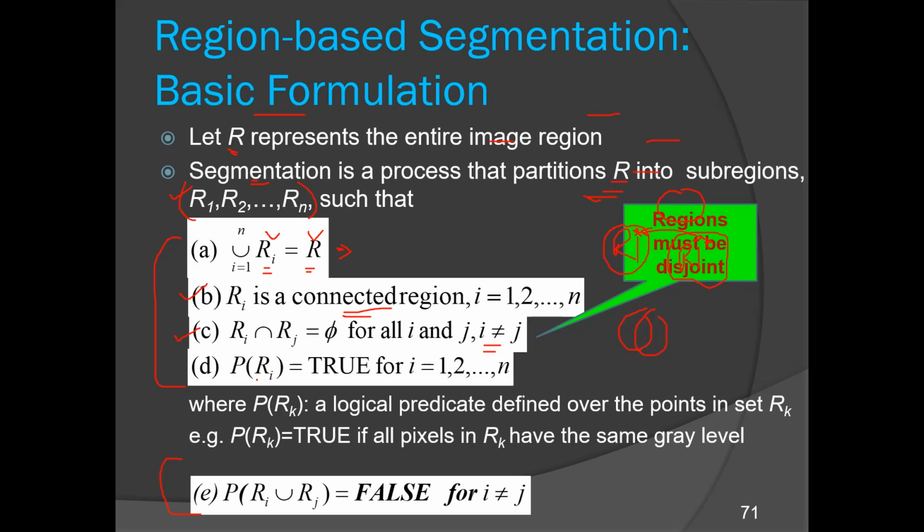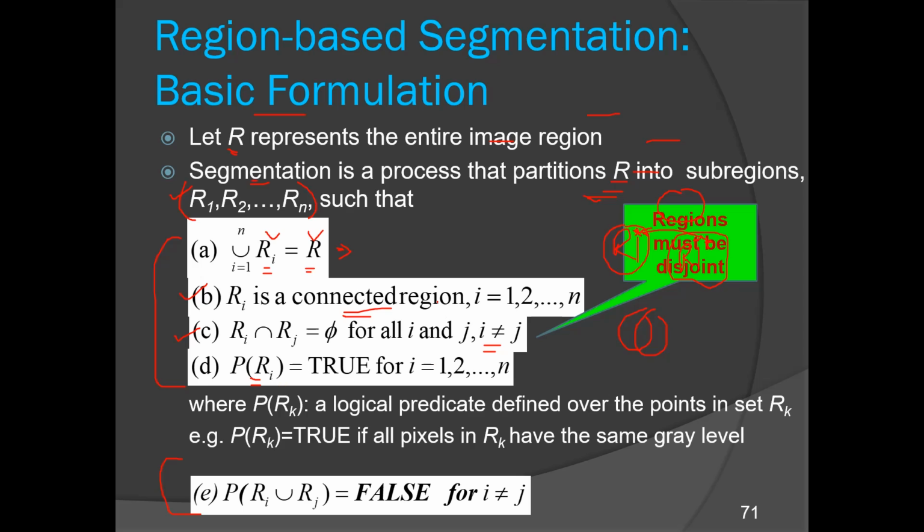Next one: for each region we define one predicate, represented by P of Ri, and all the pixels present in that region should satisfy that predicate. You can define the predicate based on the intensity level or a color value.